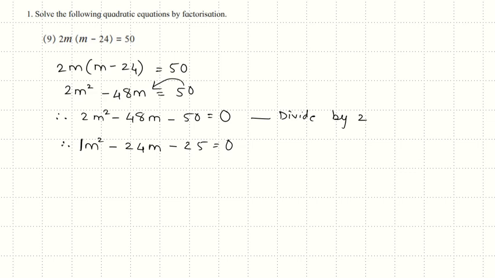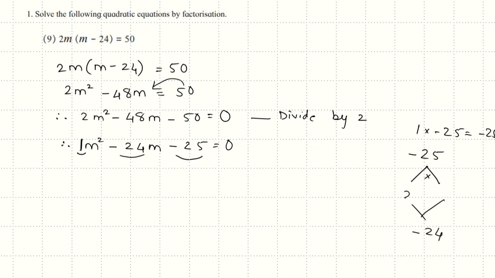So we need to find two factors whose multiplication should be minus 25 and whose addition should be minus 24. This is minus 24, the middle term.